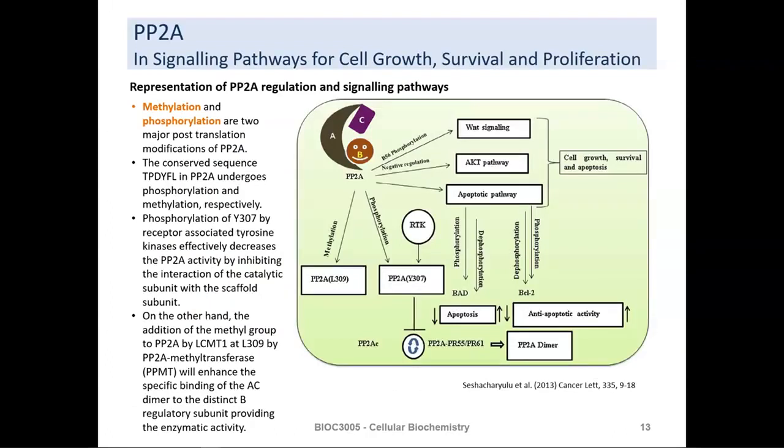We're now going to take a look at the signaling pathways for cell growth, survival, and proliferation, and how PP2A is involved. We can see that the two post-translational modifications that occur to PP2A, methylation here and phosphorylation, are involved in its control.